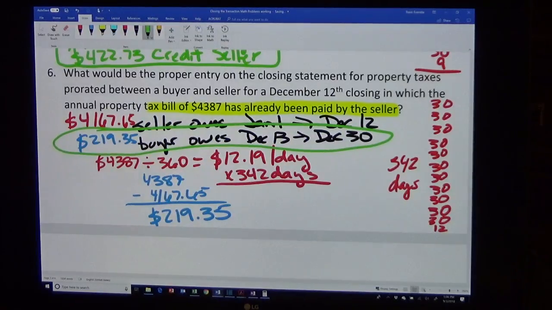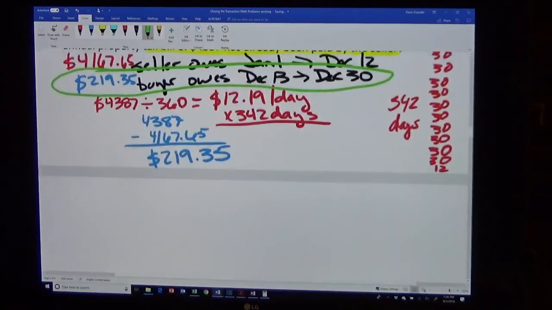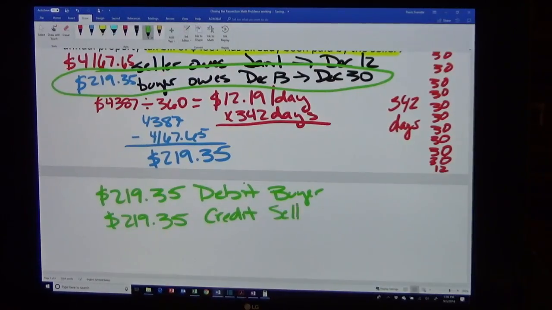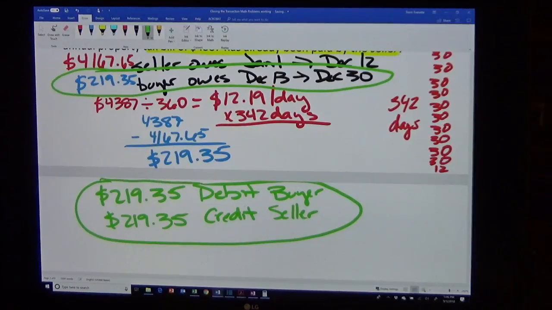Buyer owes is going to be $219.35 debit buyer and $219.35 credit seller. There's your answer on that one. $219.35 debit buyer, $219.35 credit seller.